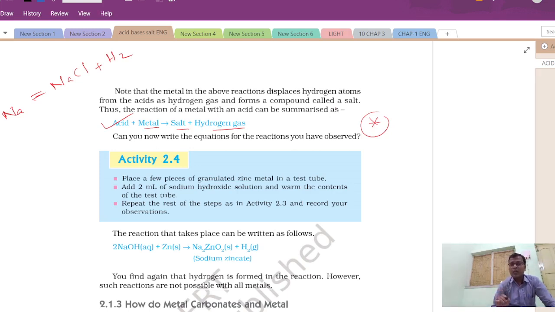So I will guide you to remember those equations, because this equation is very important and conceptual: when an acid reacts with a metal, salt and hydrogen gas are formed.